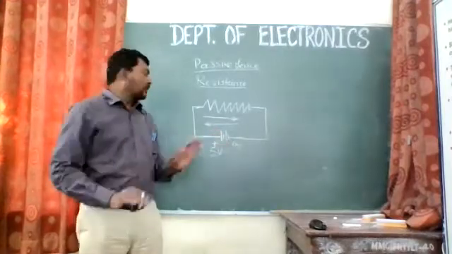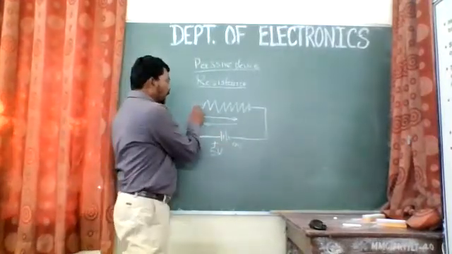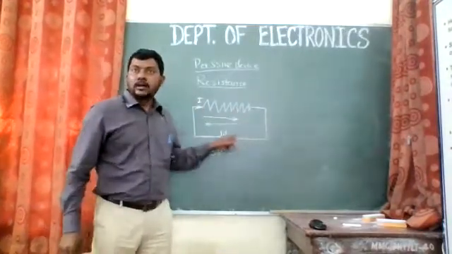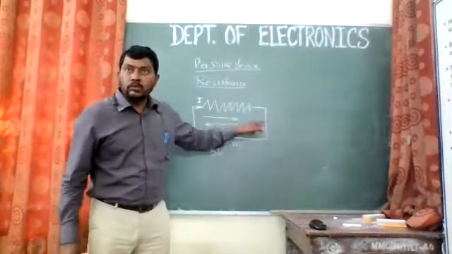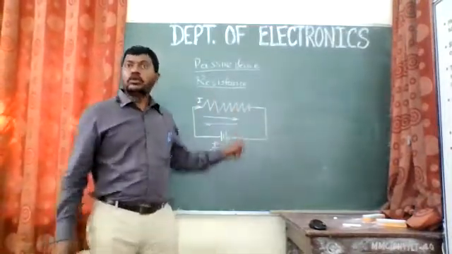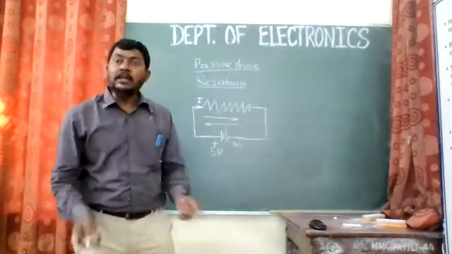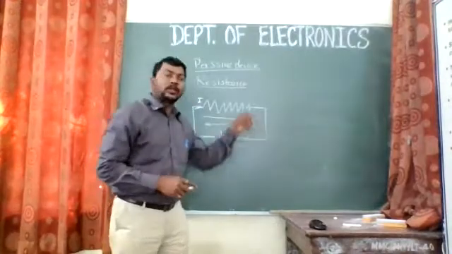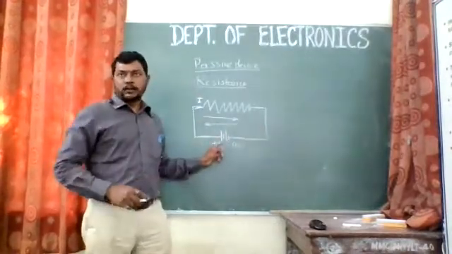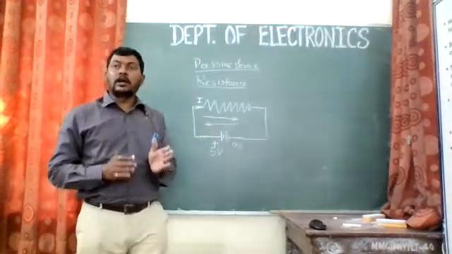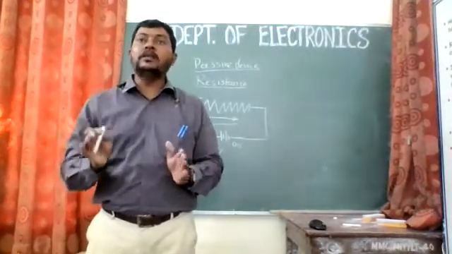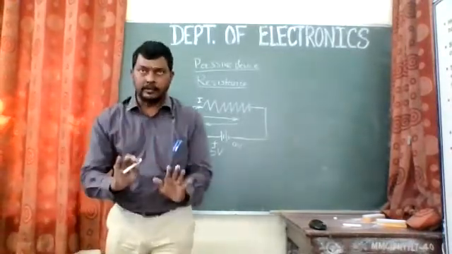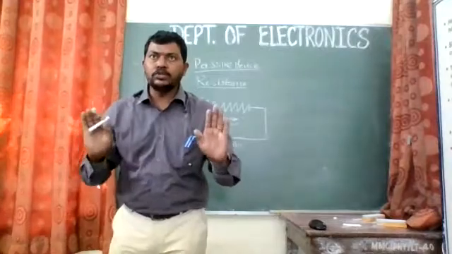Therefore, when I say the current I is flowing from positive to ground, the electrons are flowing in the opposite direction, from the negative terminal to the positive terminal. The current is flowing in one direction, and the electrons flow in the opposite direction of the flow of current. Have you understood the statement?